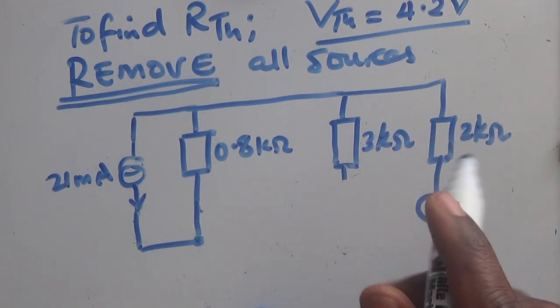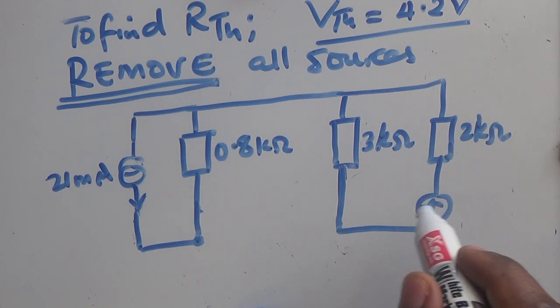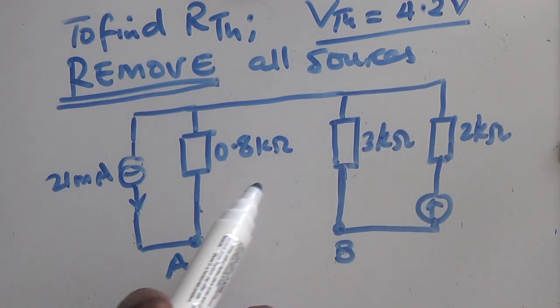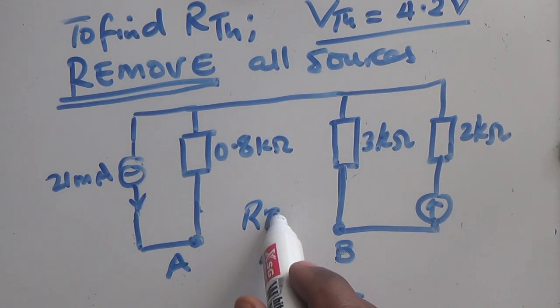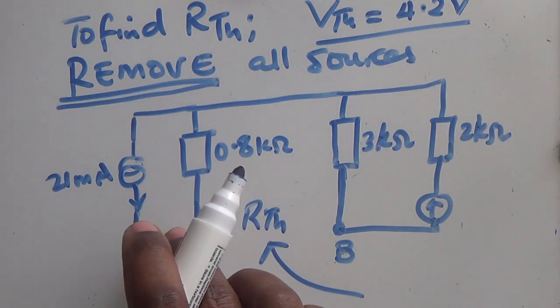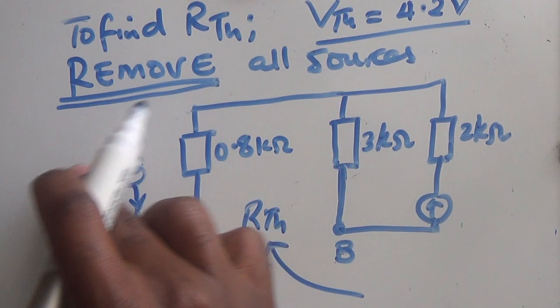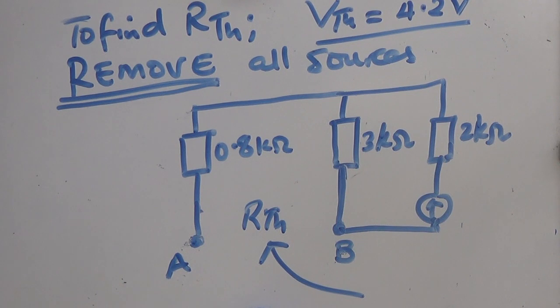Okay, so we are told that in order to find the resistance across AB, which is now known as the Thevenin's resistance, RTH, we have to eliminate the sources. To eliminate a current source, we remove it. We disconnect it from the circuit. So I've removed the current source.